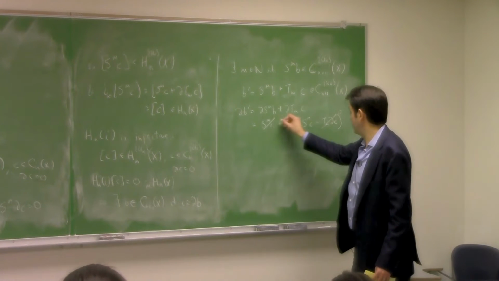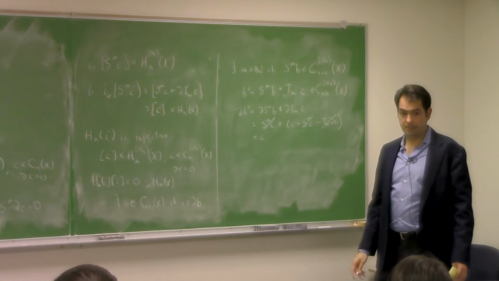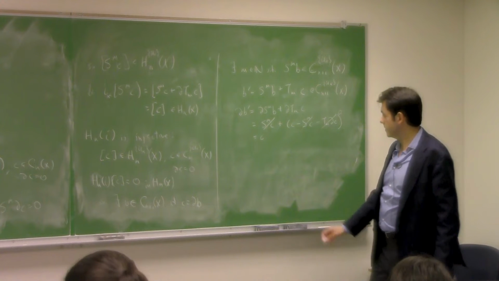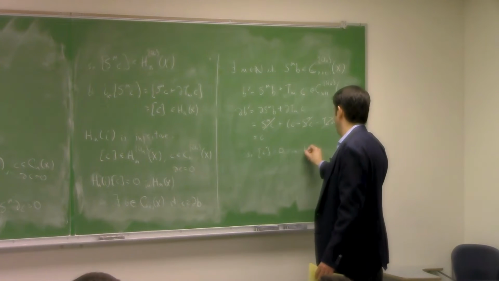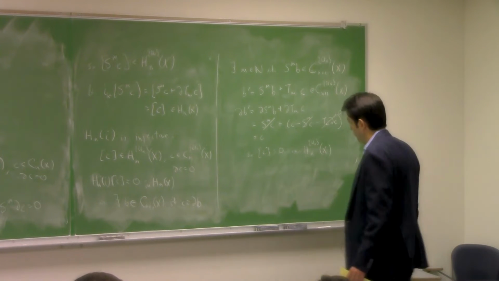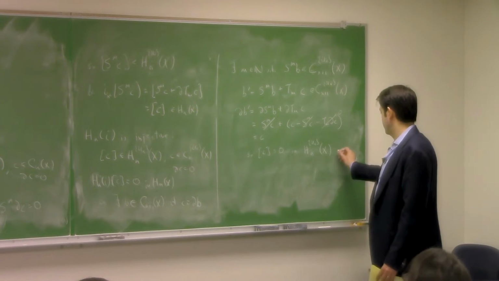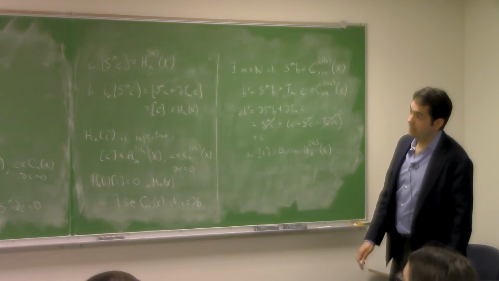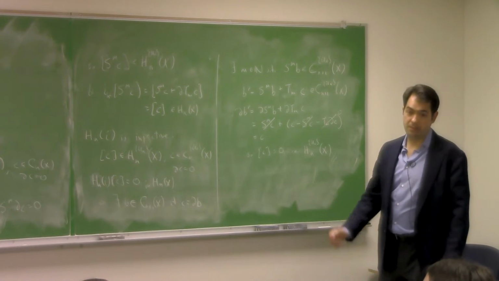And then S^m C cancels with S^m C, and we end up with just C. Right? So the class of C is equal to 0 in H_n of X corresponding to the cover. Okay, so the proposition is proved if we can construct S and T with these properties.